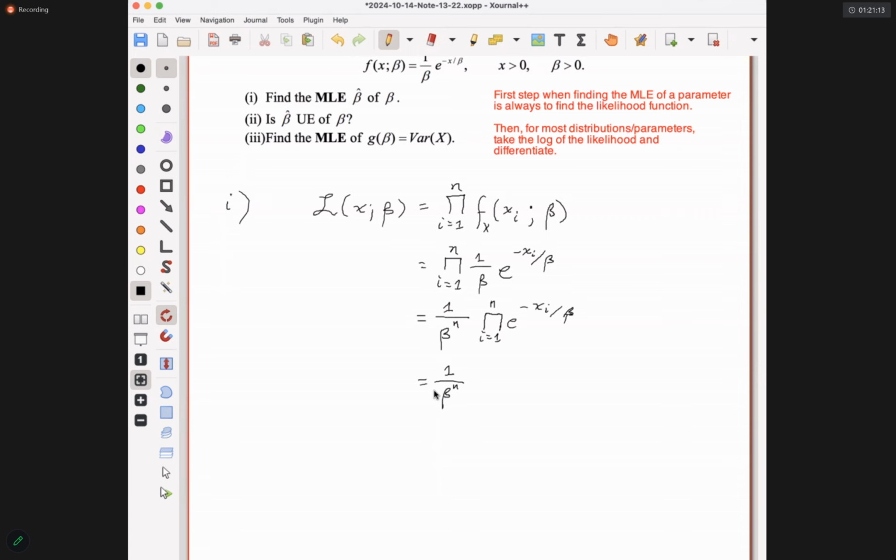We did this for problem 1 as well. So how do I simplify this using exponent rules?